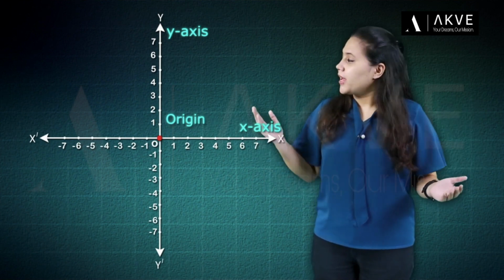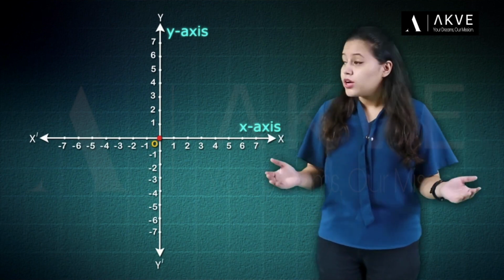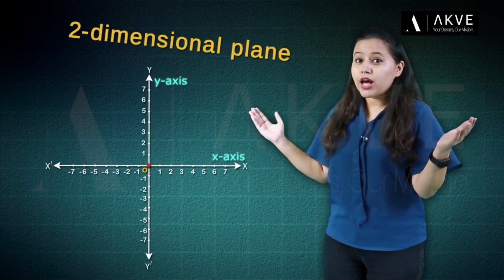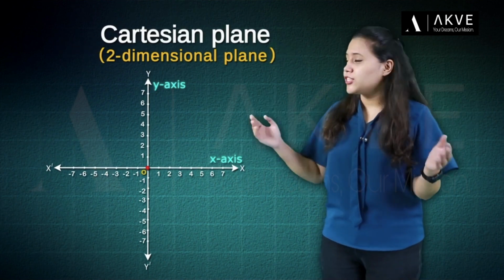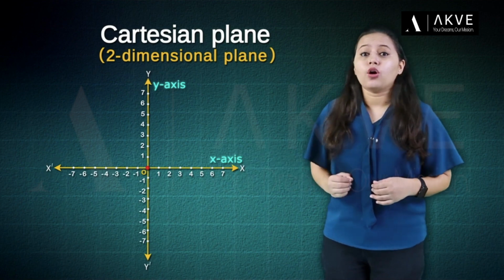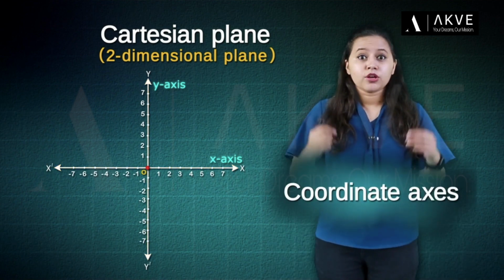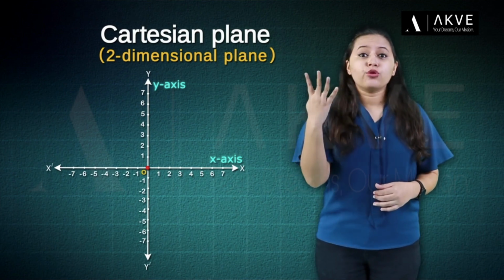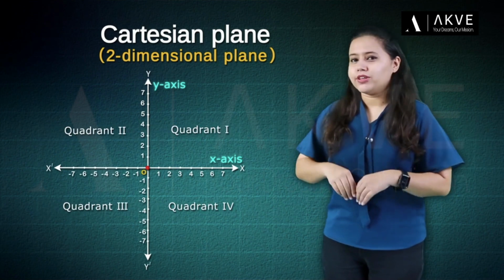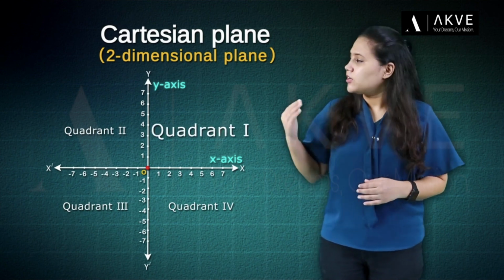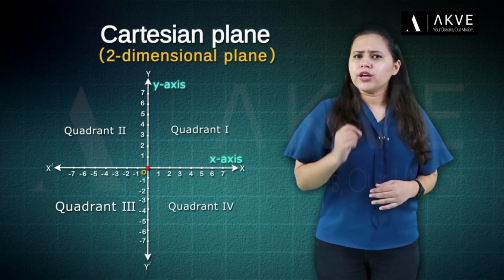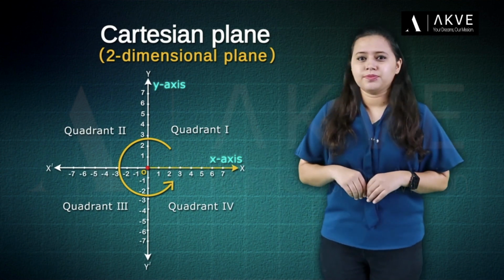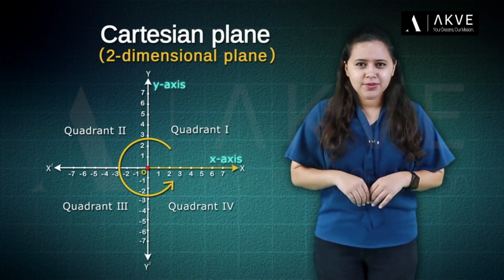It is denoted by capital O. So, this two-dimensional version of a number line is called the two-dimensional plane or the Cartesian plane. And these lines are called the coordinate axes. Moreover, the coordinate axes divide the plane into four regions called quadrants. Quadrants are numbered 1, 2, 3 and 4 anti-clockwise starting from OX. So we studied till here, right?